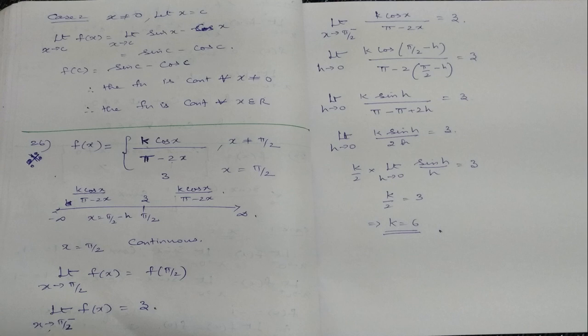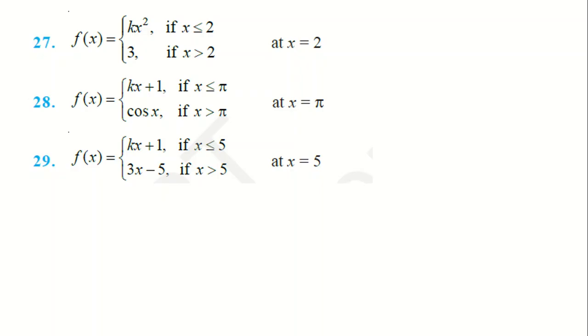Now let us go to the next questions, 27, 28 and 29. Again, these functions are said to be continuous at x is equal to 2. We are supposed to find the value of k. Very simple. Just substitute 2. So what will you get if you substitute 2 here? 4k is equal to 3 or k is equal to 3 by 4.